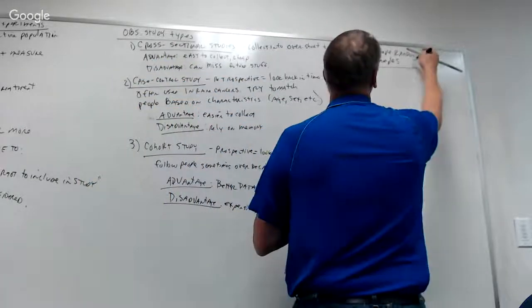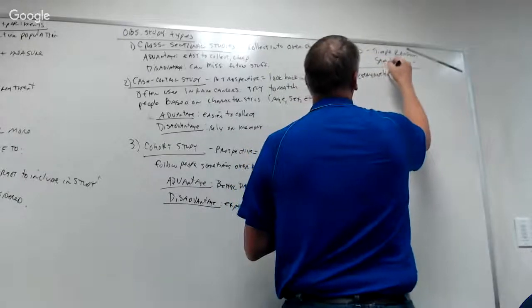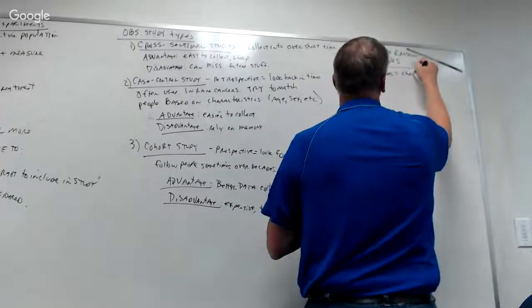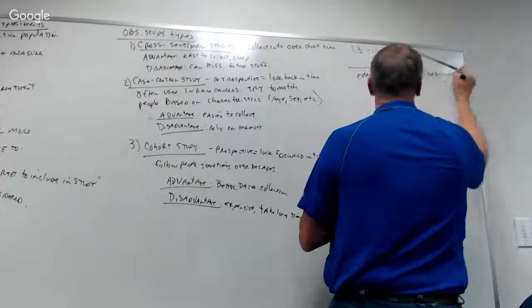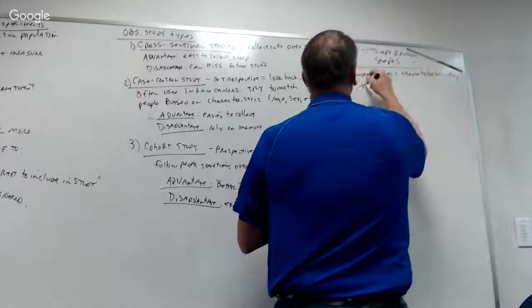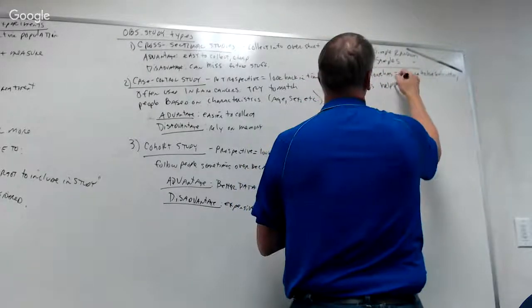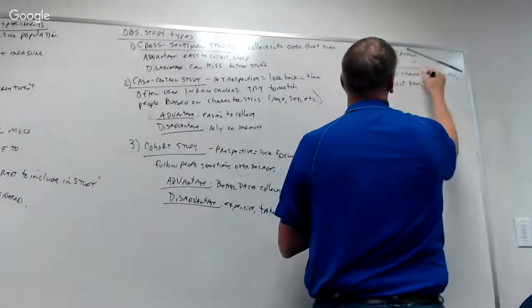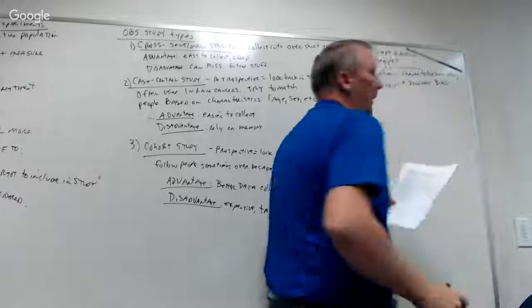So the idea with a simple random sample, everyone has an equal chance to be selected. This helps cut down on bias. Okay?